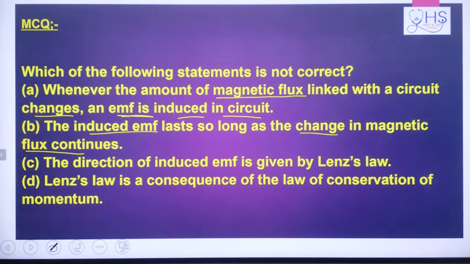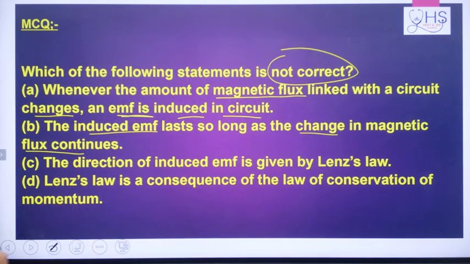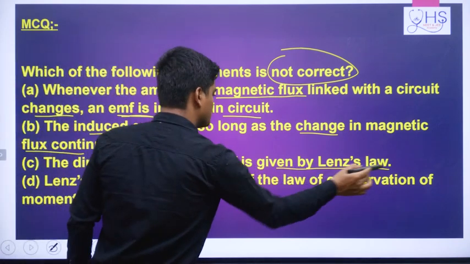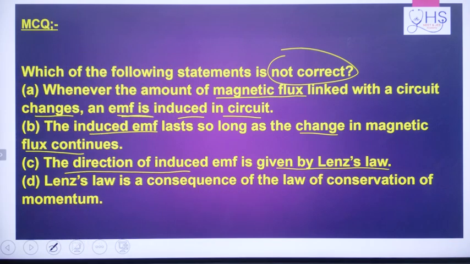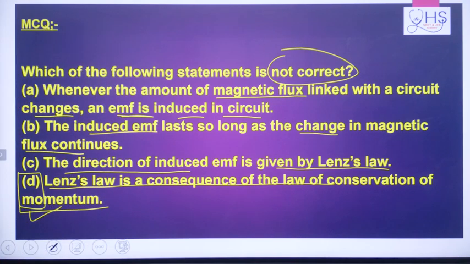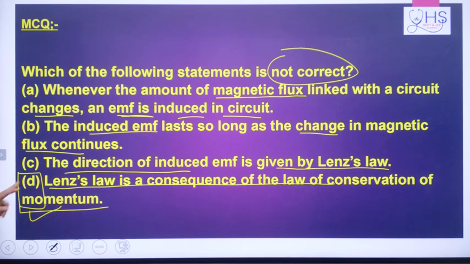These two statements are correct, but in the question they asked what is not correct. The direction of induced EMF is given by Lenz's law. Yes, the polarity or direction of induced EMF is given by Lenz's law. We already discussed this, so this statement is also correct. So definitely for this question, this will be the answer. Lenz's law is a consequence of the law of conservation of energy, but it is given as momentum. So this is not correct.